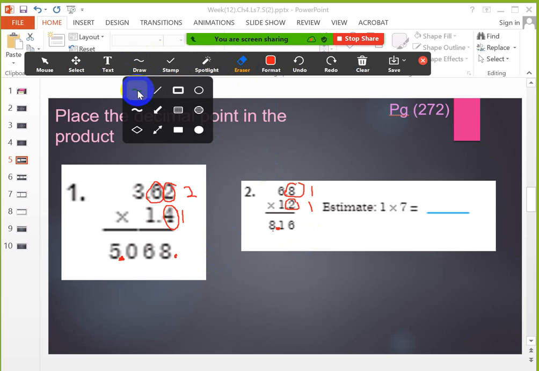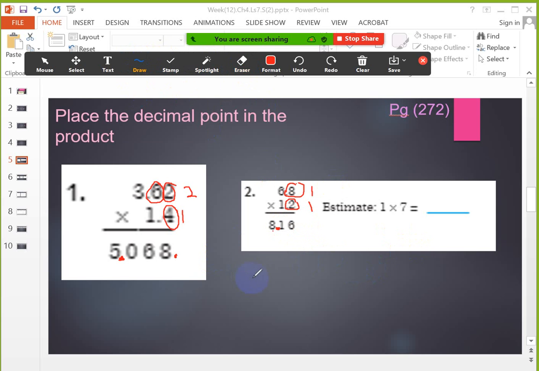Now, if I want to estimate the answer, you can round those numbers. If you round 6.8, this is the ones digit, 6. After the ones I have 8. 8 is greater than 5, that means I have to add 1 to the ones, so it will be 7. Now, what about the 1.2? This is the ones digit.